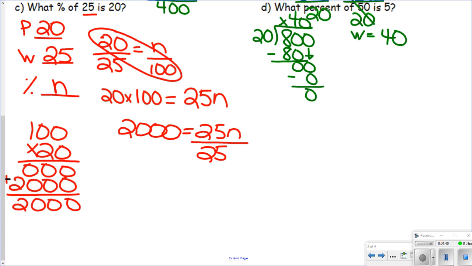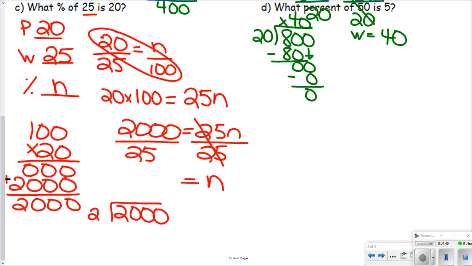Divide both sides by 25. 25 does not go into 2, doesn't go into 20, goes into 208 times. Bring down the 0. 25 into 0 is none. We get 80%.